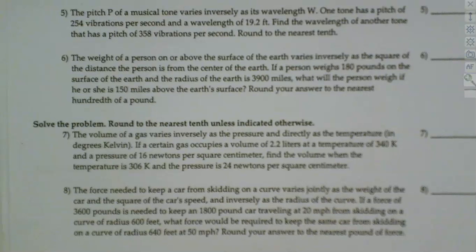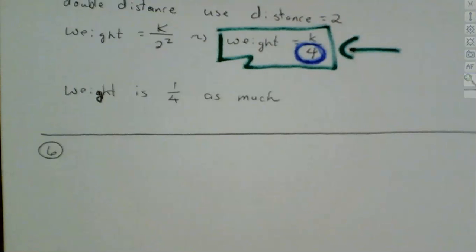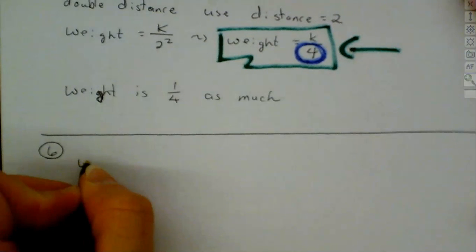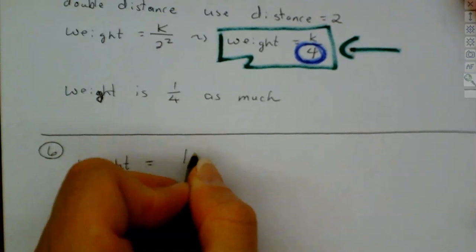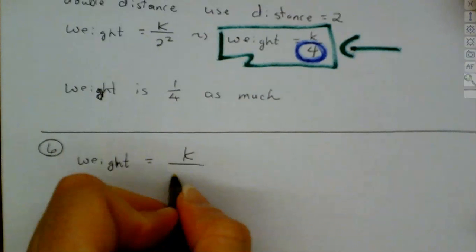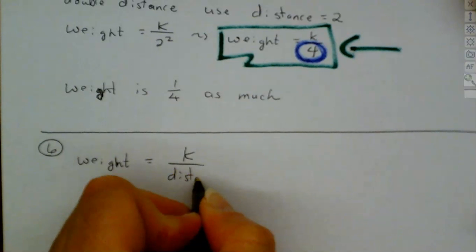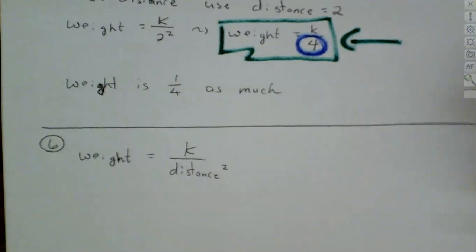It's going to look just like the last one. The weight is going to equal K. Now, K is our constant. And that's going to be over the distance squared.